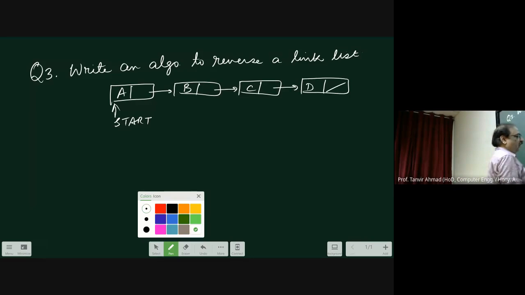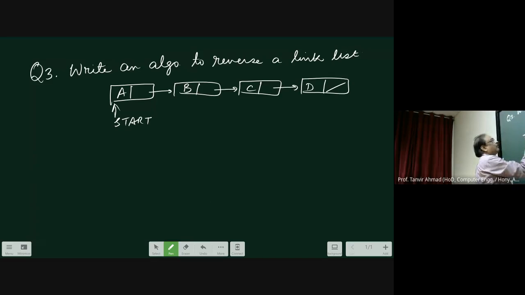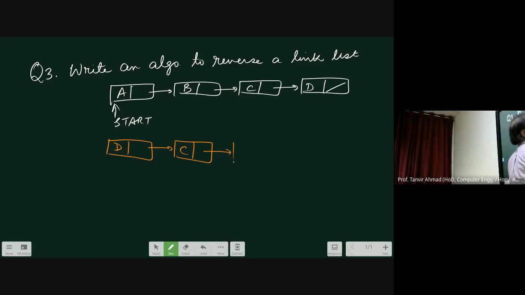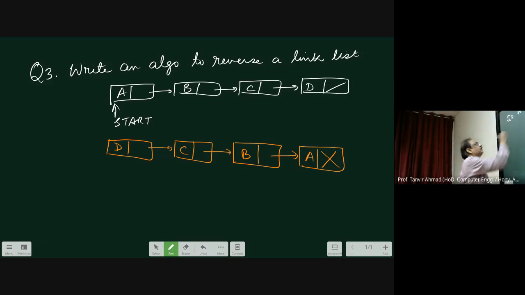Now what output I want is something like this. This is the output I want. This is the input and this is the output. Okay. Now when you are going to do this, you have to make sure that you apply only one traversal.